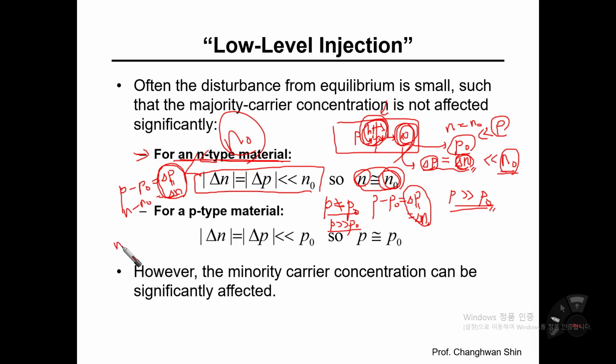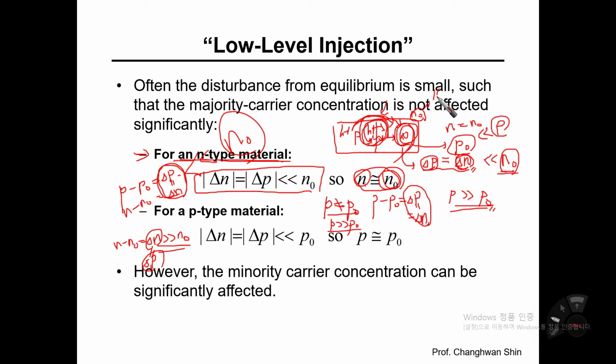What if this n minus n naught, or delta n, is much higher than n naught? In other words, this delta n is equal to delta p, so delta p or delta n means how many holes are injected toward the n side. But this total number of holes injected into the n side is much higher than n naught.